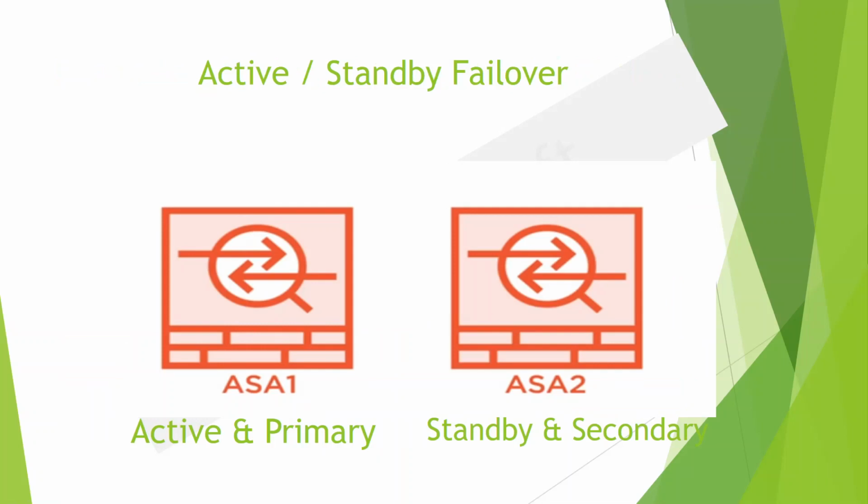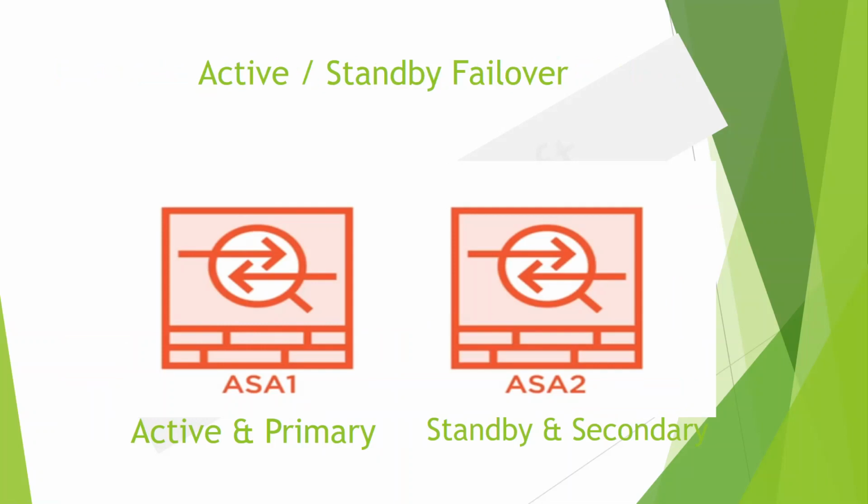So when we build our standby configuration, we define one of these devices as the primary and the other as the secondary. The primary should be active and the secondary will be standby.